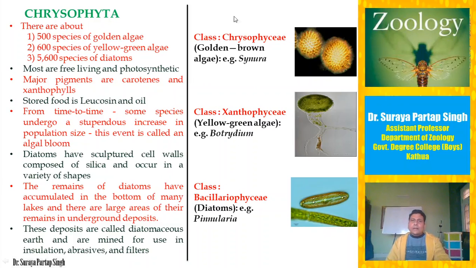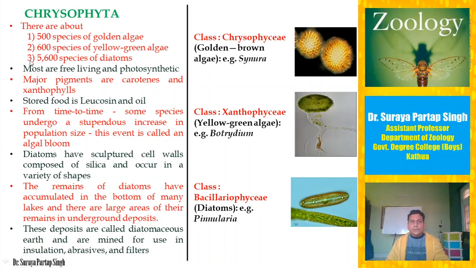There are about 500 species of golden brown algae, about 600 species of yellow green algae, that means belonging to class Xanthophyceae, and the major species contribution of division Chrysophyta comes from diatoms.